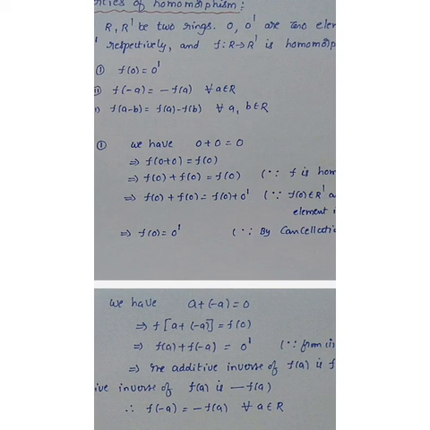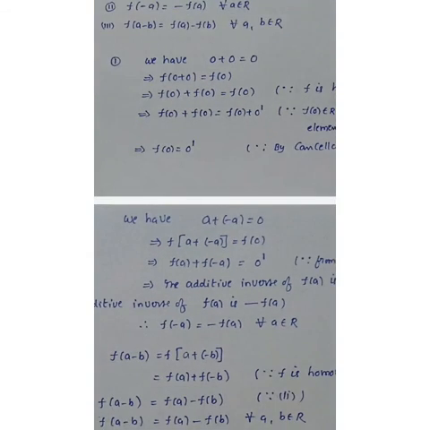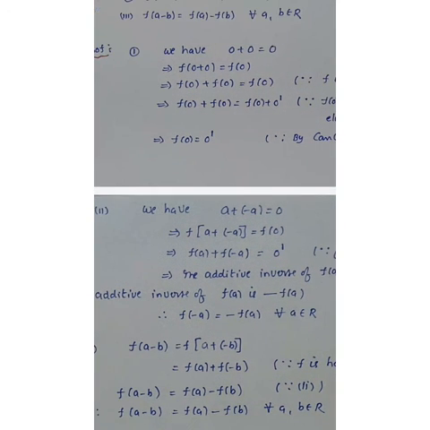So what is the first property? f(0) = 0'. You have to remember it, because this result is used in the second part. The second part is f(-a) = -f(a). To show the first one, f(0) = 0', we started with 0 + 0 = 0 and applied the homomorphism.